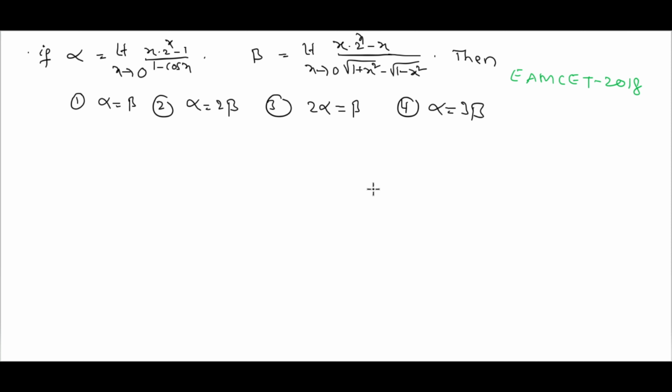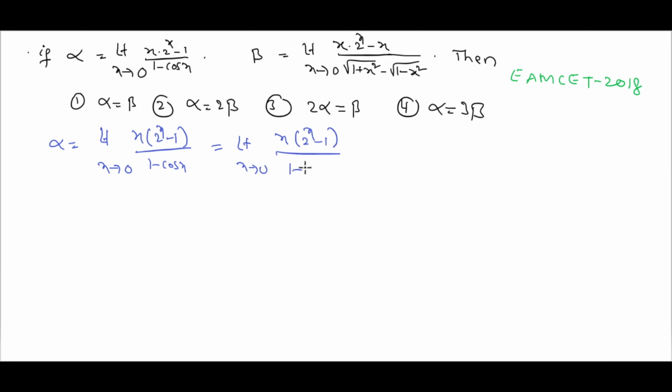Now we simplify alpha. Alpha is equal to limit x tends to 0, take x common, that is 2 power x minus 1 by 1 minus cos x. So this is written as limit x tends to 0 x into (2 power x minus 1) by (1 minus cos x), multiplying and dividing by x square, that is (1 minus cos x) by x square.